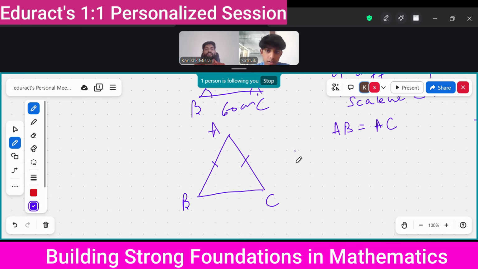So if AB equals AC, then there is one more property: angles opposite to equal sides are also equal. Like angle opposite to side AB is angle C and angle opposite to side AC is angle B. So if angle C equals angle B and side AB equals AC, like any of these properties, then the triangle would be considered isosceles.